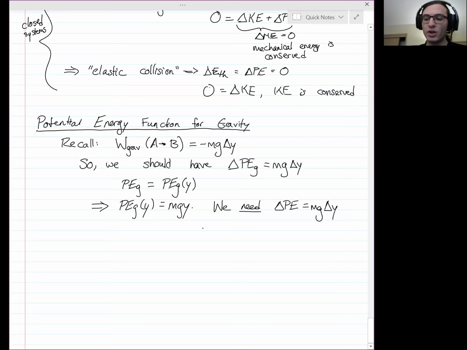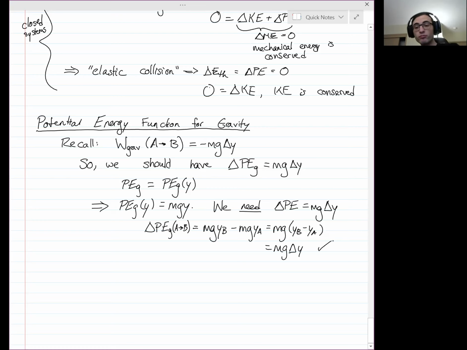And that checks out. If we were to write the change in potential energy from gravity from A to B, that would be mg yb minus mg ya. Then we could factor, that would be mg times yb minus ya, which is just mg delta y. It agrees. So that is a perfectly valid formula for a potential energy due to gravity.